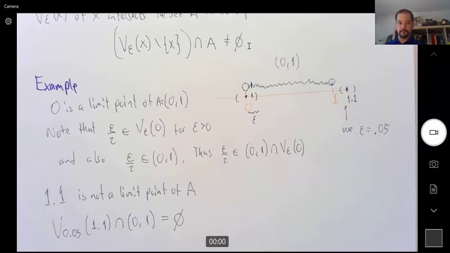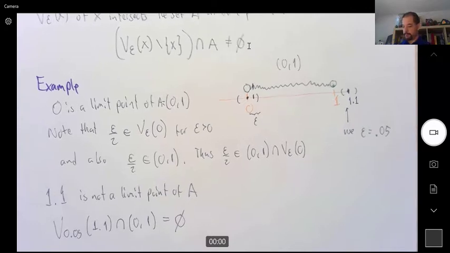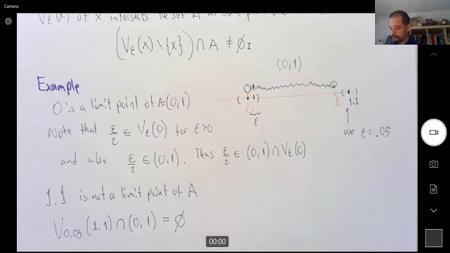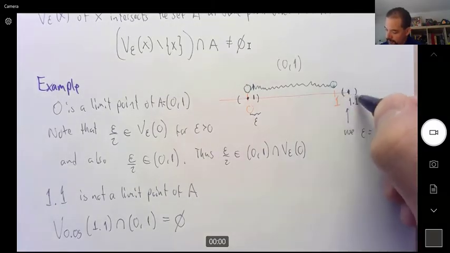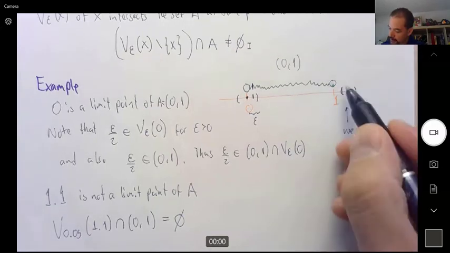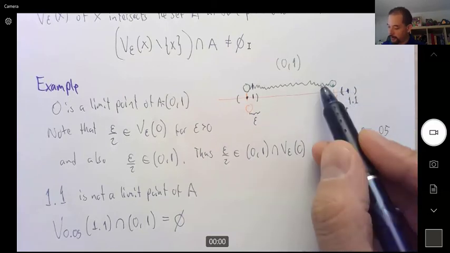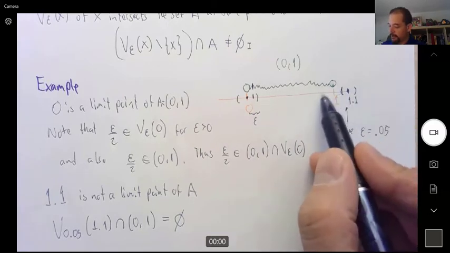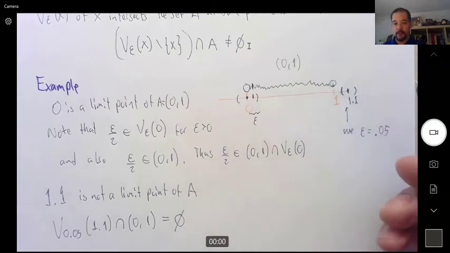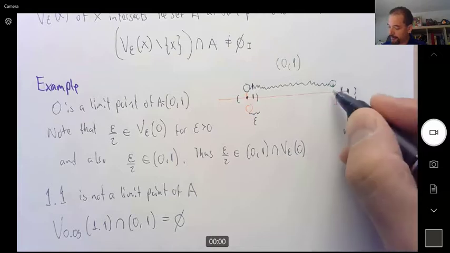Yes. Can you repeat what you said about 1.1 not being a limit point? Sure. You can find a neighborhood, this one over here. You can find some epsilon neighborhood. I made it tiny because if you make it too big so that it bites the interval (0, 1), then it's not going to work. So I need to make it small so that it excludes the interval (0, 1).